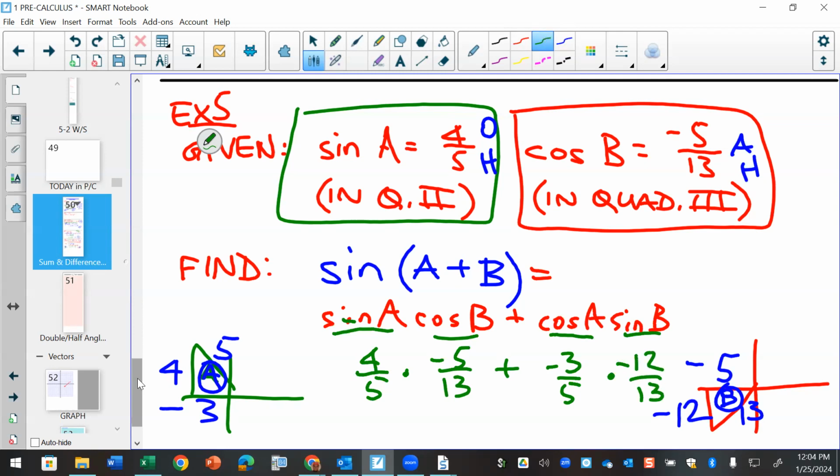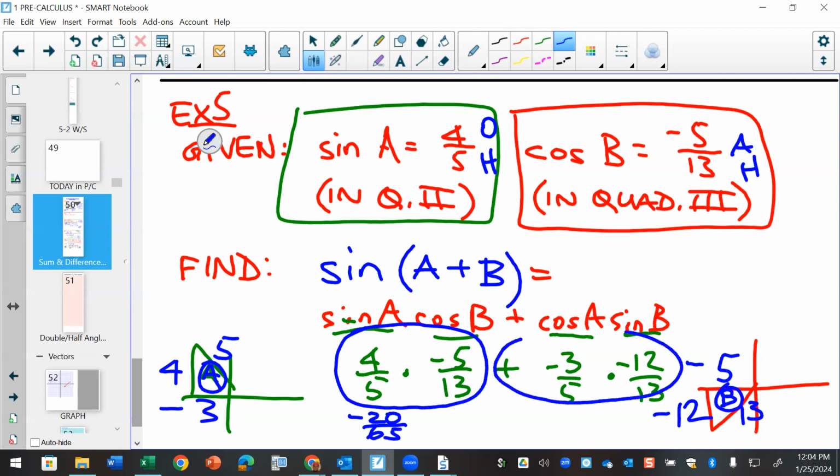Okay. So the heavy lifting's done. Now, please use your middle school skills and simplify this. What's this over here? Negative how many? Was it -20/65?